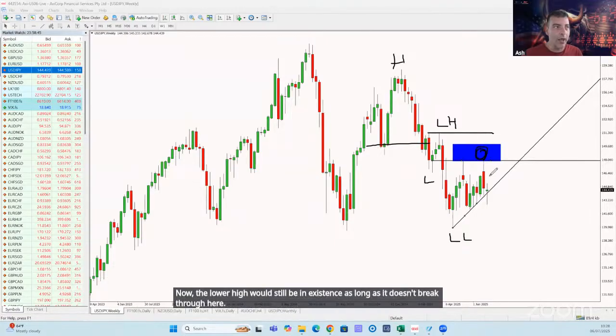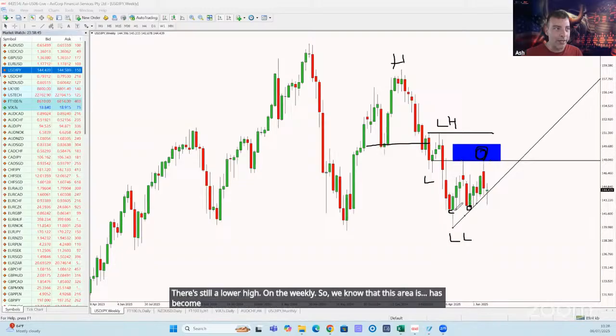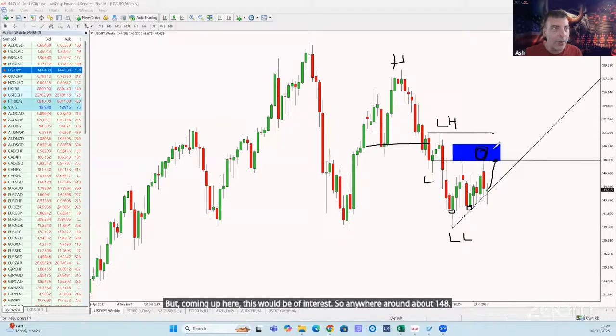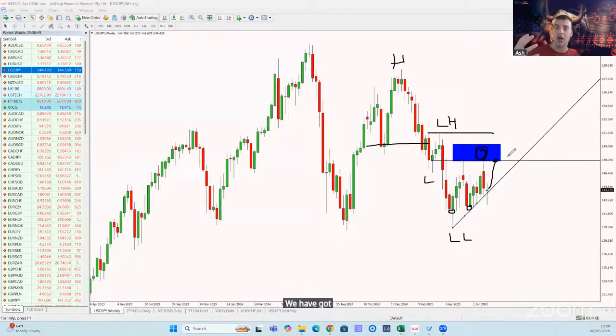There's still a lower high on the weekly. So we know that this area has become a bounce point here and here. So not interested here, but coming up here, this would be of interest. Anywhere between 148 and around 150, we have got the chance to look for a position.